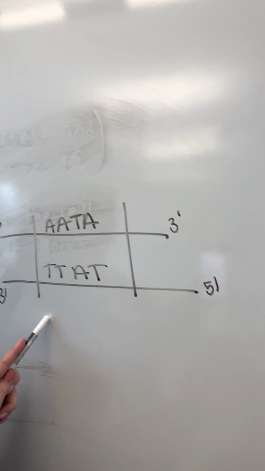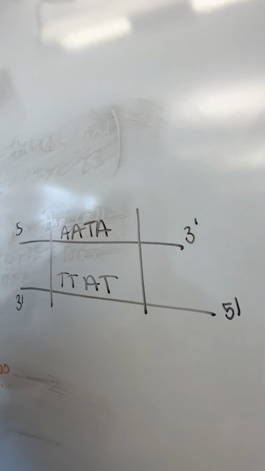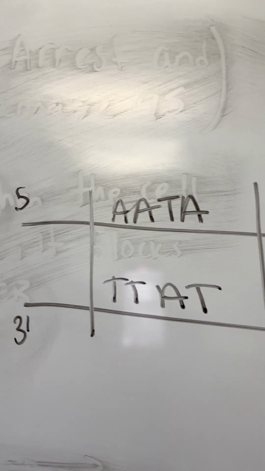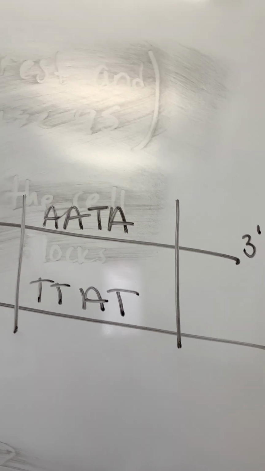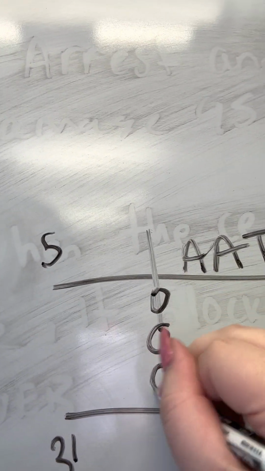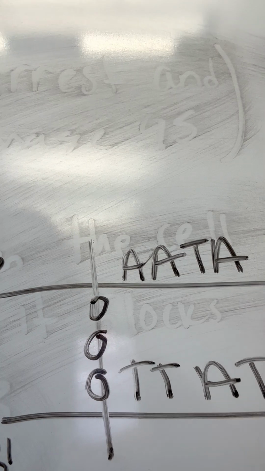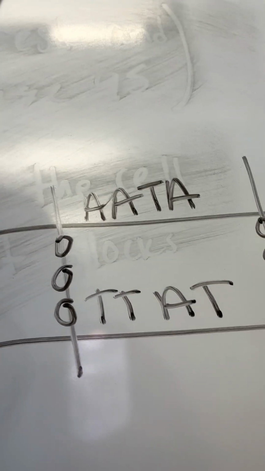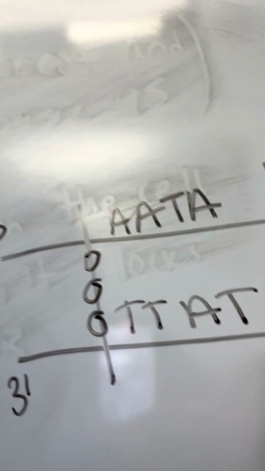I have a little blown up version of the sequence, but it's not pried apart yet. So our initiator proteins are going to bind to double-stranded DNA. Here, our initiator proteins are going to bind. They're going to bind to each step.